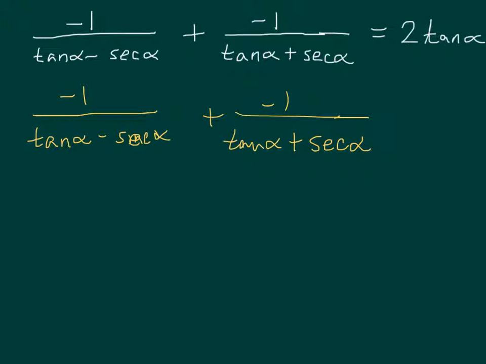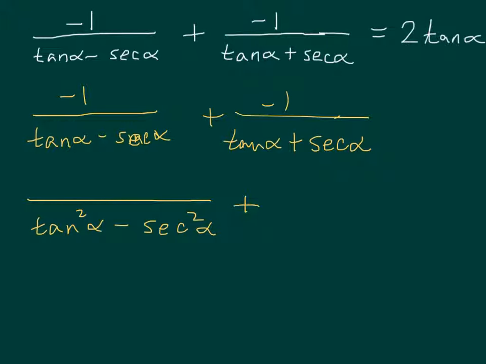So the common denominator, we would have to multiply these two denominators together, which, since they are conjugates of each other, will make tangent squared alpha minus secant squared alpha. So that's going to be the common denominator.